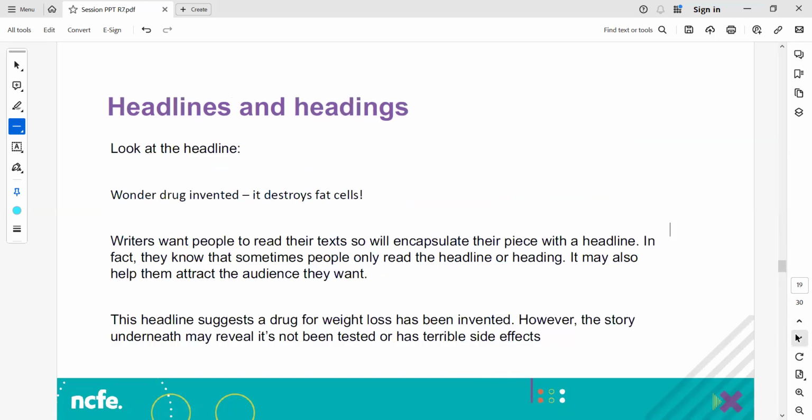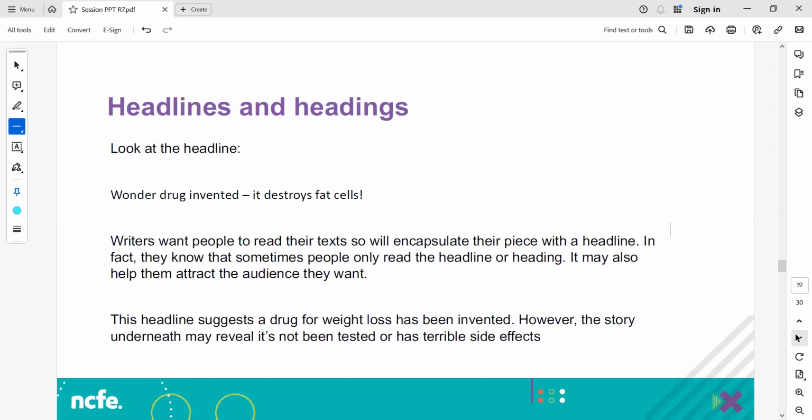So headlines and headings. We've got a headline here: wonder drug invented. It destroys fat cells. So how is this used to display bias? Writers want people to read their texts, so they will encapsulate the general idea of the article or report with a headline.